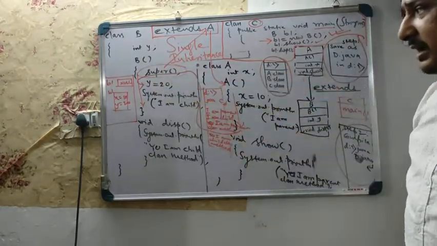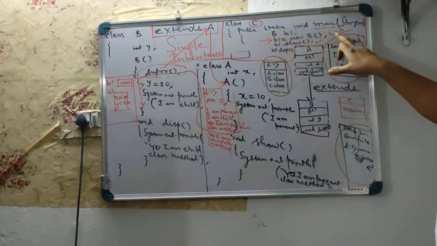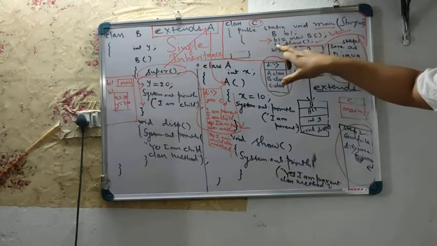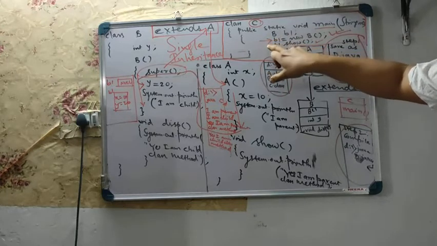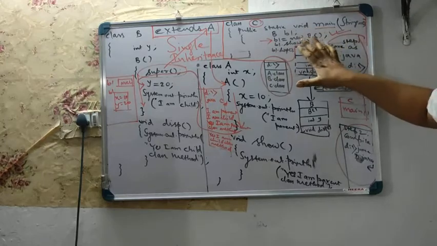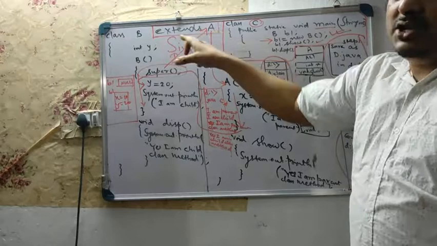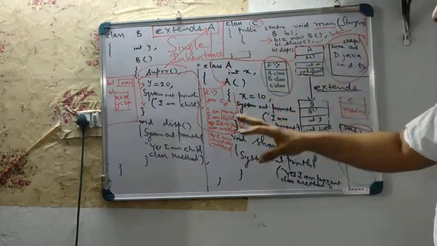Once it is completed, your object instantiation will be completed, and then you are trying to call, through an object of the child class, a method of the parent class, and it is all right only due to this extends. If this relation does not exist, you cannot call.